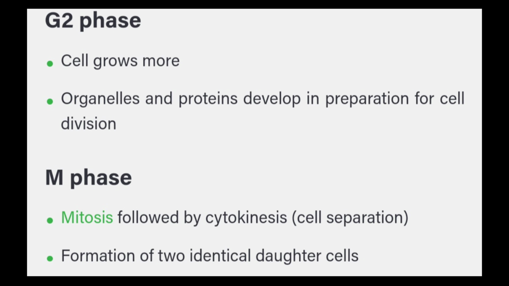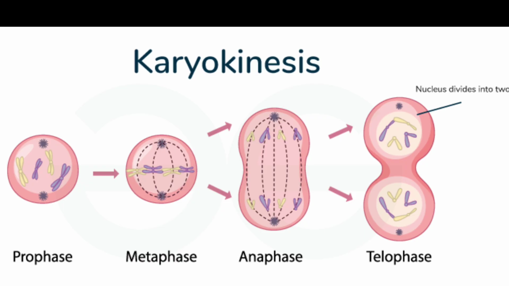Mitosis is followed by cytokinesis, the separation of cells by forming a furrow, also known as septum in case of bacterial cell divisions, which decides the boundary between two newly forming cells. Furthermore, there are two steps in the mitosis.